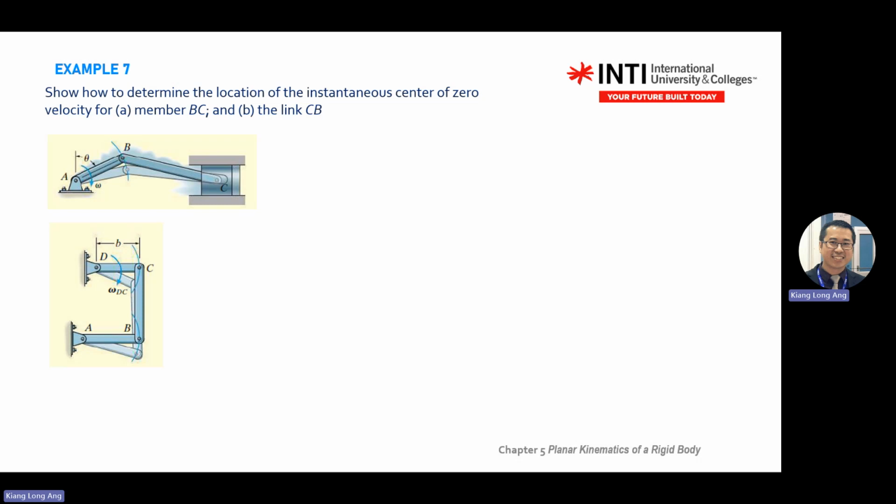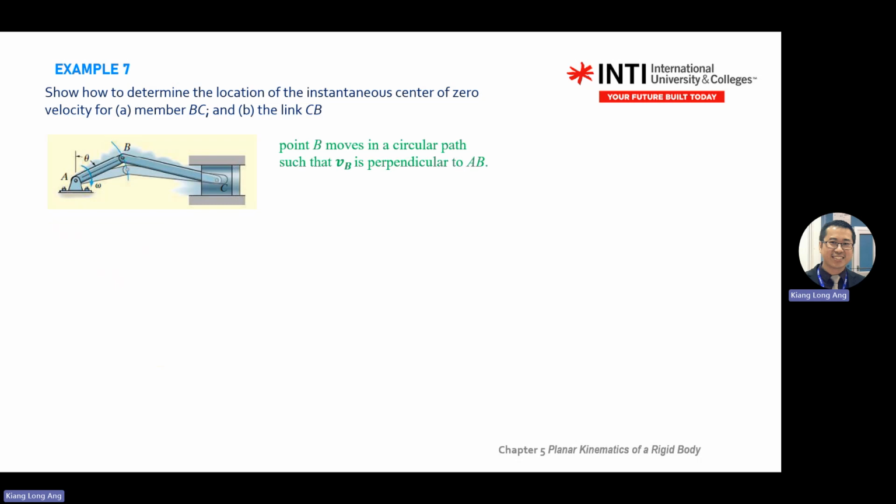BC moves in this direction, but A pushes B down, so it will be like that. Point B moves in circular motion because of the joint here. So v_B will be perpendicular to AB. This one rotates like that, so it's always tangent to this blue circular pathway here.